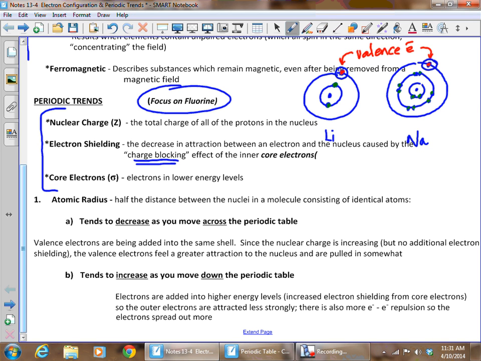One final one deals with Coulomb's law, and Coulomb's law simply says that this force of attraction is a constant, with the charges multiplied by each other, over the distance squared. We don't usually even worry about what that constant is.